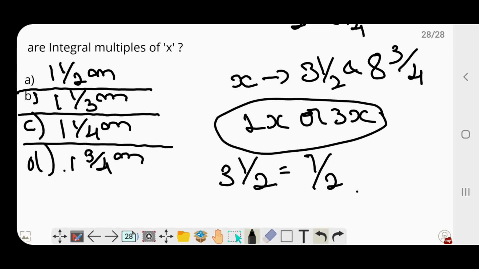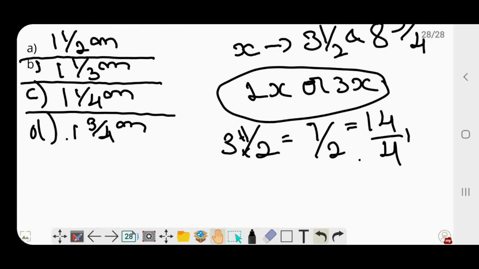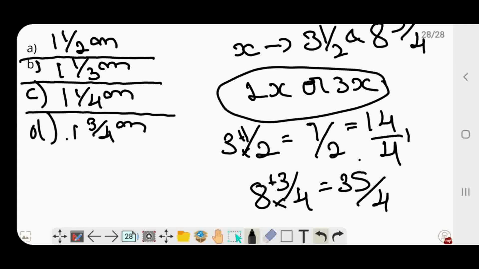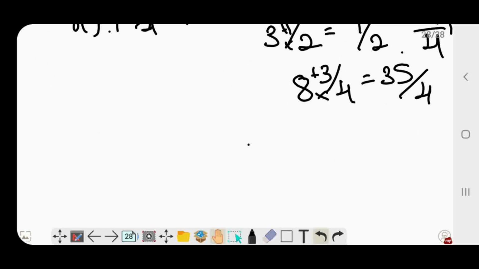Okay, so before going through that, let me express 3 1 by 2 as 7 by 2, that is 2 into 3 plus 1 by 2, which is nothing but 14 by 4. And the second number 8 3 by 4, I would express as 4 into 8 plus 3, 35 by 4. So my two numbers are now 14 by 4 and 35 by 4.